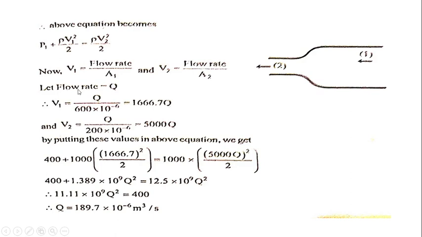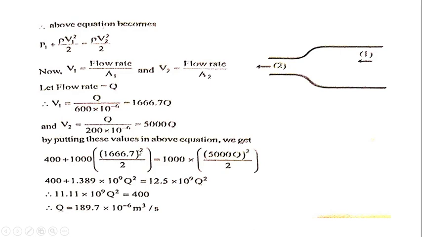Let flow rate equal to Q. Therefore V1 equal to Q upon 600 into 10 raised to minus 6 equal to 1666.7 Q, and V2 equal to Q upon 200 into 10 raised to minus 6 equal to 5000 Q.